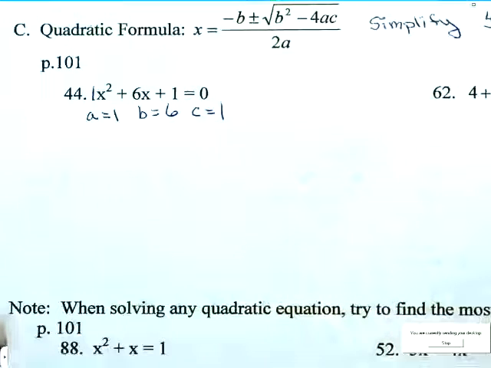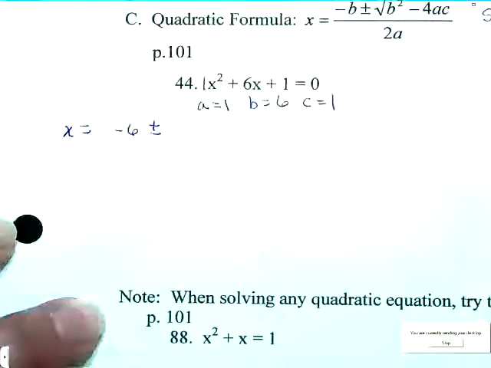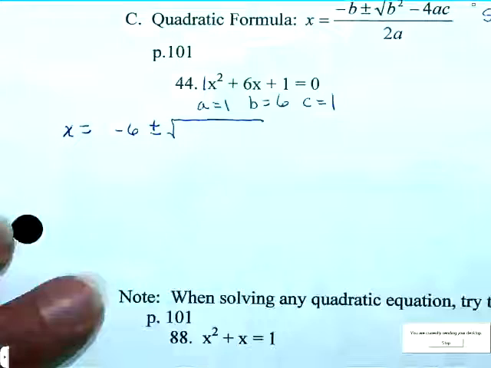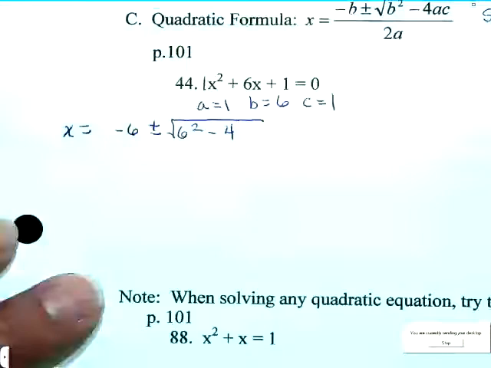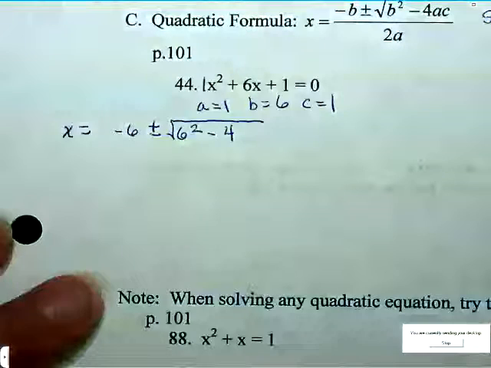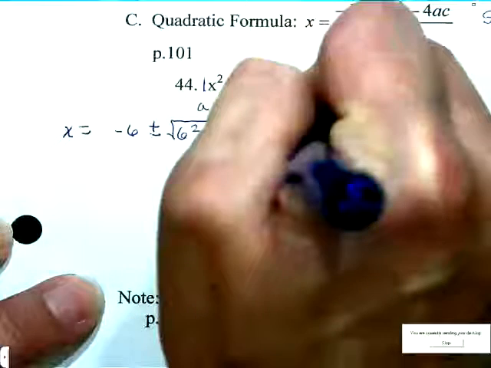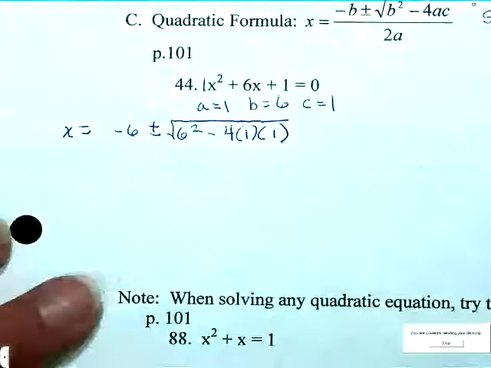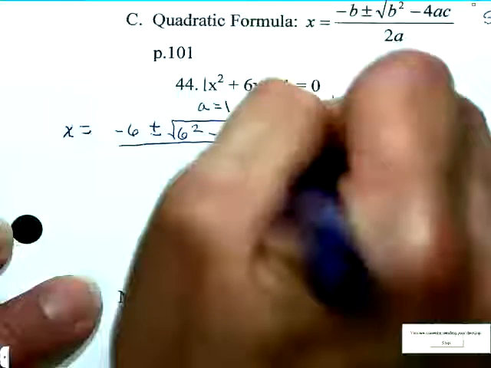X equals negative b, that would be negative 6, plus or minus, that's where we get the 2 solutions, square root of b squared, that would be 6 squared, minus the number 4 is always in there, and if we had time, I'd show you why. 4 times a times c, all divided by 2 times a.